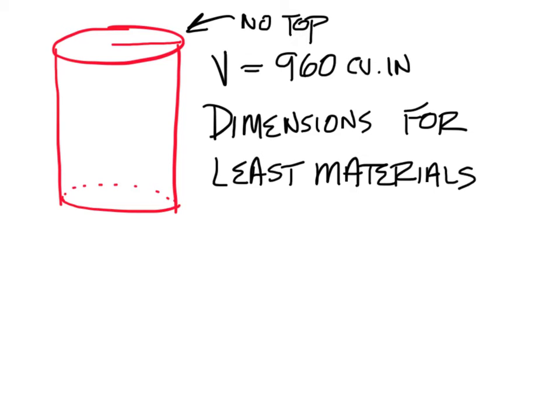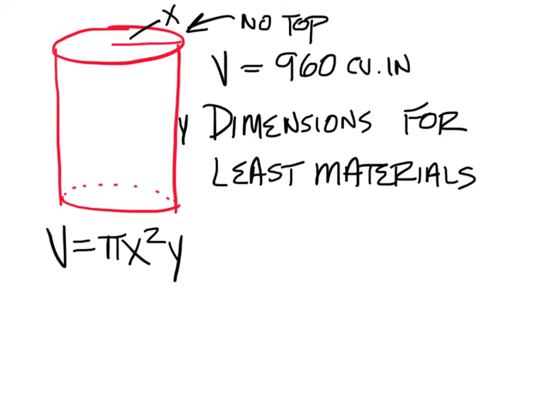Alright, to start off for this, you're going to have the volume formula. So the volume of this can, we're going to make the radius x. We'll write it at the top even though there is no top in the problem. But the radius x and the height y, so the volume is pi x squared y for the cylinder.